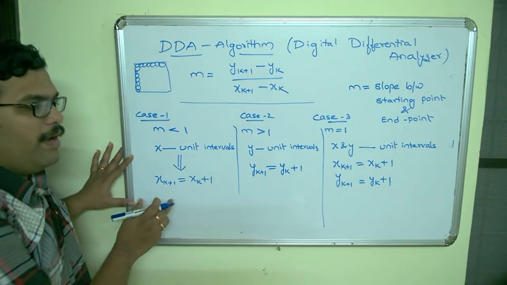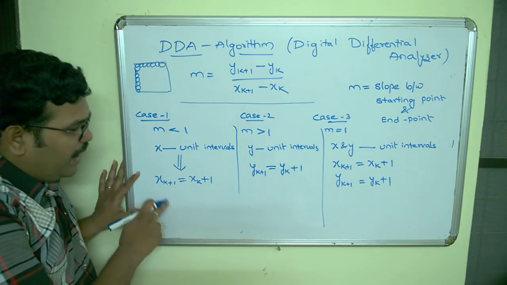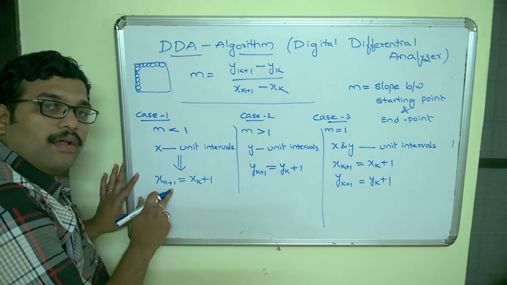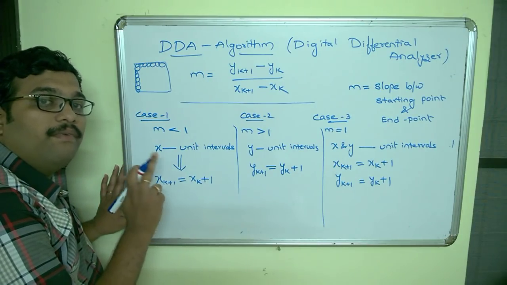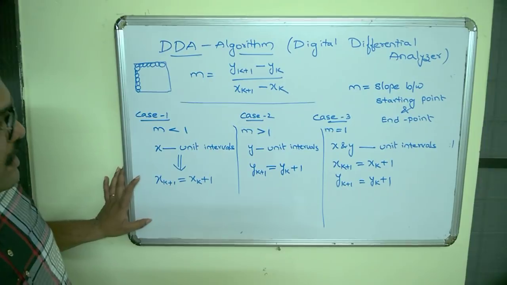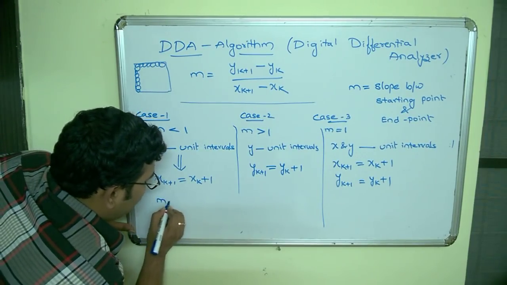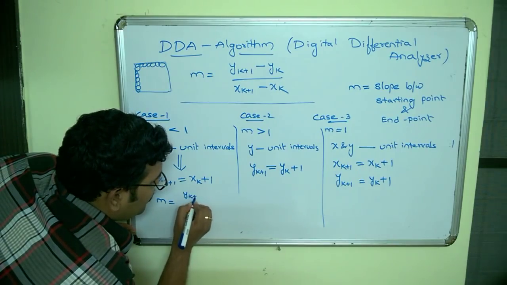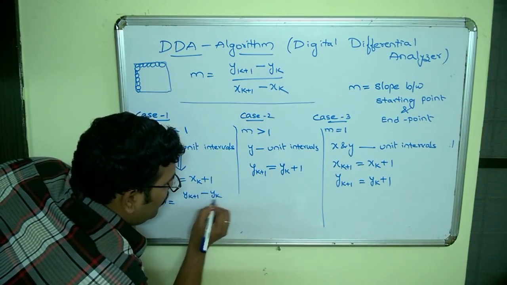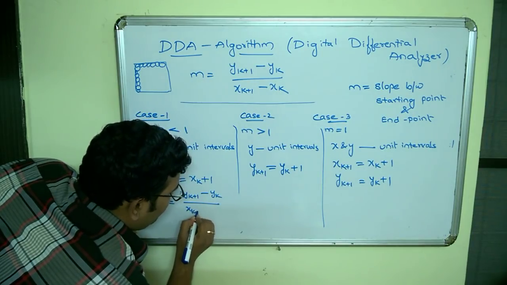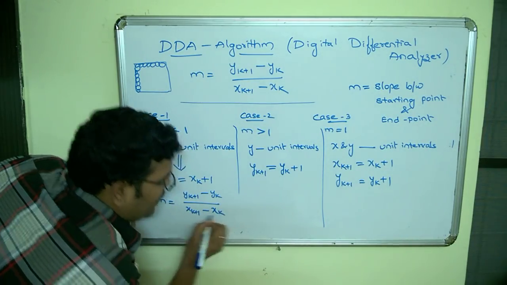And what about the y? We have xk plus 1 and we need to find yk plus 1. For this, we know the slope m is equal to yk plus 1 minus yk by xk plus 1 minus xk.